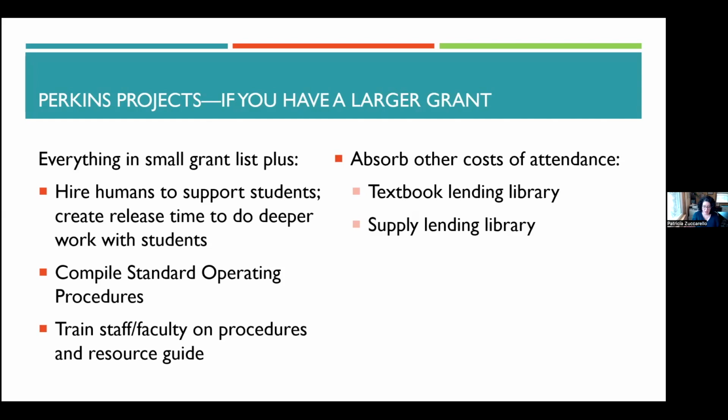And as we've talked about before, absorbing these other costs of attendance by doing textbook or supply lending libraries. And the trick with the lending library idea is that it gives students access to the tools and supplies and textbooks that they need, without actually giving it to the student as direct support.